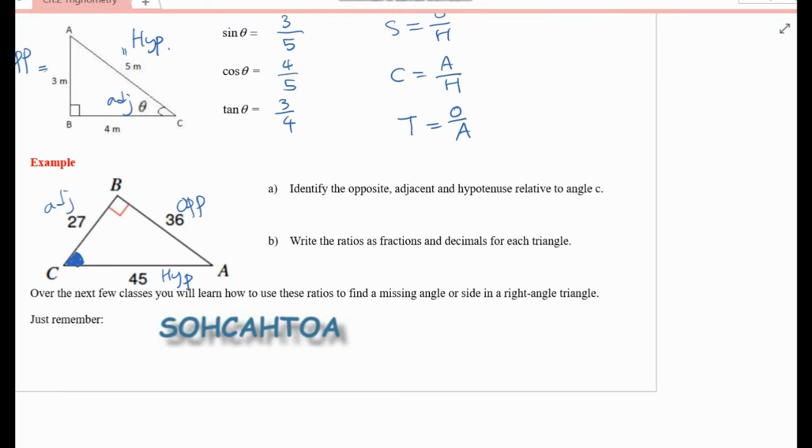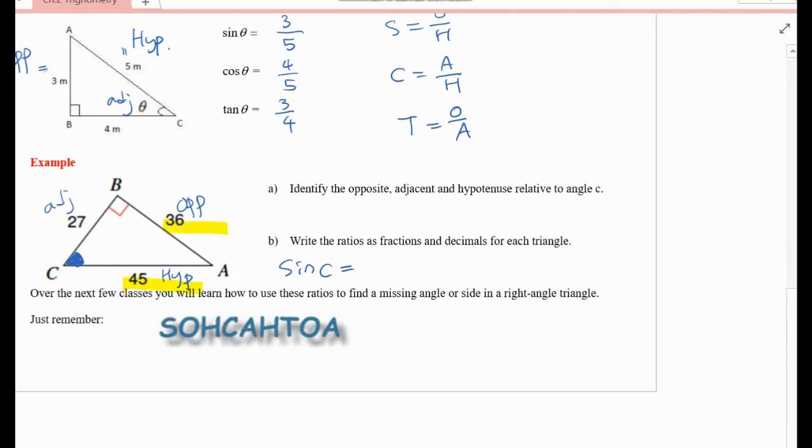Okay, let's find the ratio as a fraction and decimals for each triangle. So we're going to find the trigonometry ratios. Let's start with sine. Sine C is opposite over hypotenuse. Opposite, everyone, is 36.